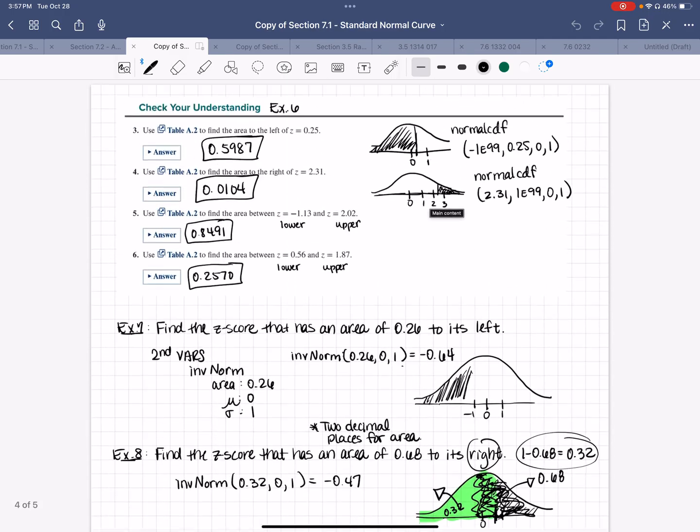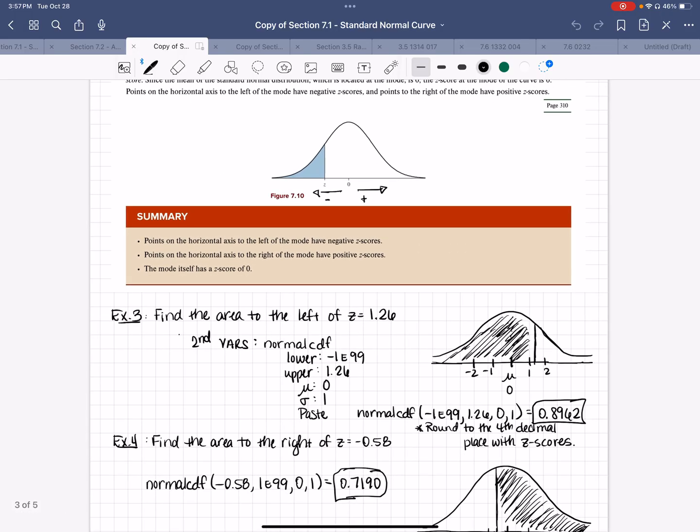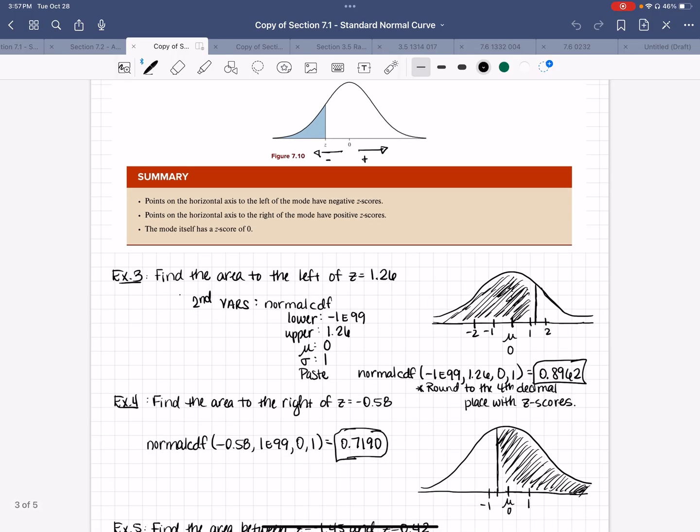Those on my inverse norm over here, they specifically would tell us my lower and upper with my z-scores, okay? We would, right here, notice on example 3, it says find the area to the left of z equals 1.26. They're telling me that the value is 1 here, okay? But that's still the area. That's the proportion.